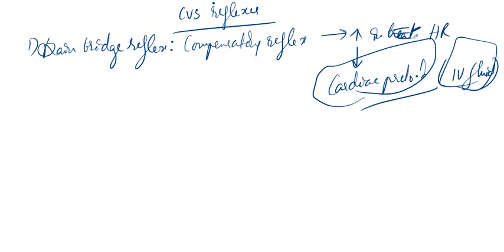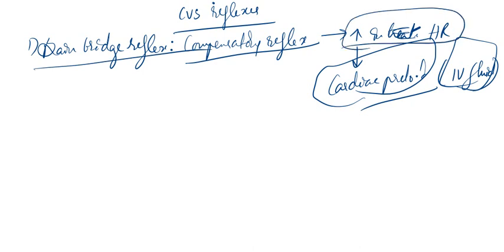This change in cardiac preload initiates a compensatory reflex called the Bainbridge reflex, by which it increases the heart rate. That is the reason why we give IV fluids to a patient whose heart rate is very low, so that it increases the heart rate by a compensatory reflex.